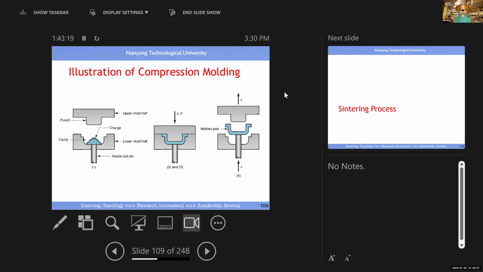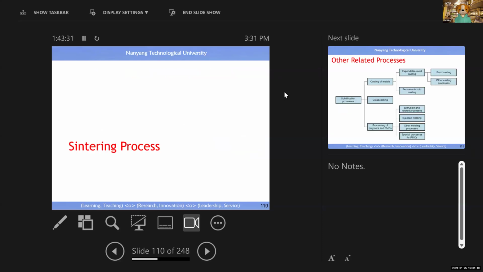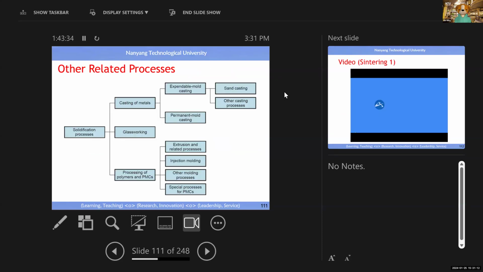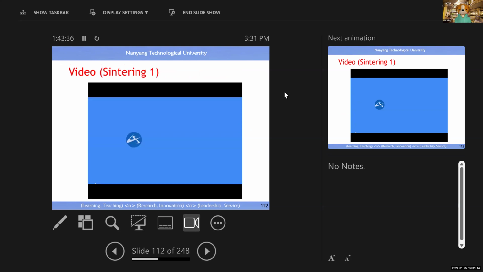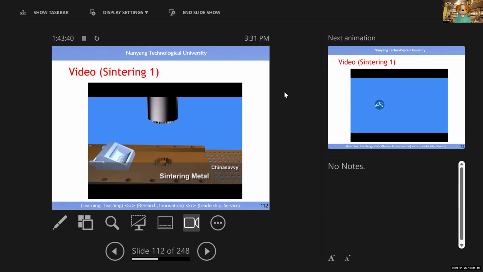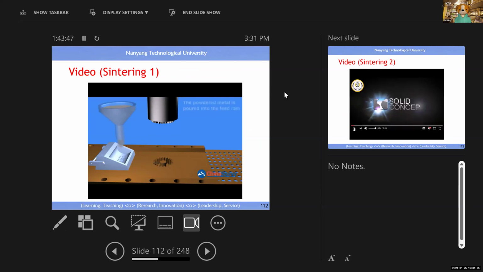Okay, so this also helps you to see another way to transform input material in the form of a powder or particles into output material with a specific geometry. Right? Sintering is similar to 3D printing. This is another way to transform input material in the form of a powder into output material in the form of a specific geometry.